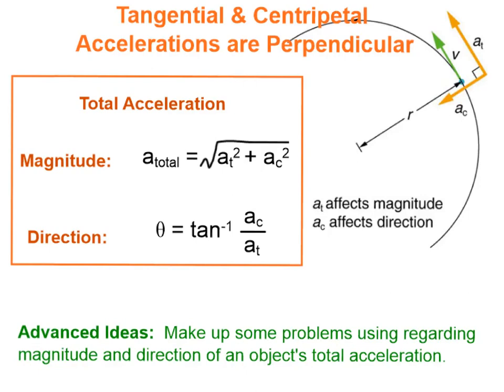If we were to draw this on our graph over here, we would actually need to draw the tangential acceleration first, and then the centripetal acceleration second. We could then look at it as the resultant of those two vectors would be that line right there. And these would obviously be perpendicular to each other.